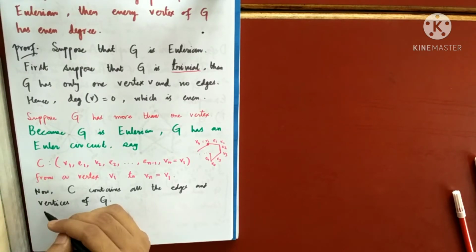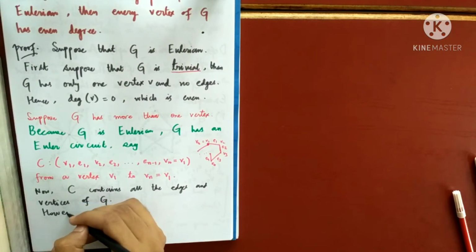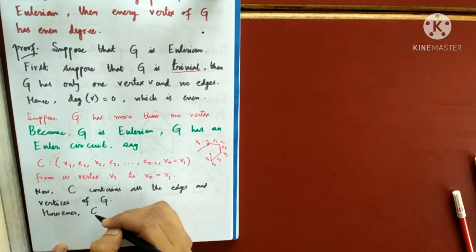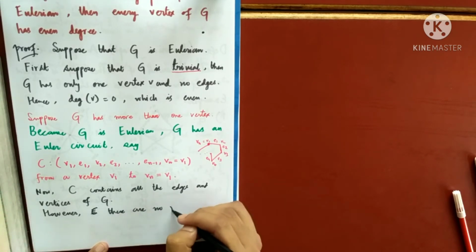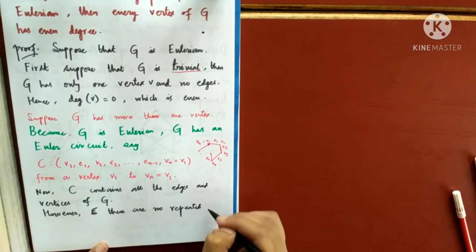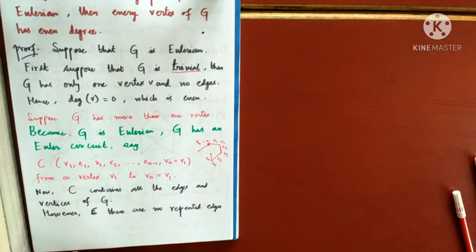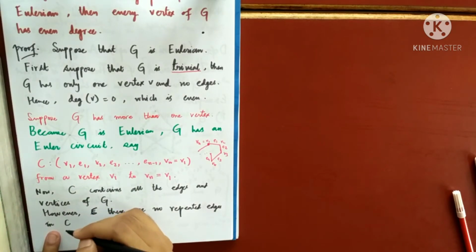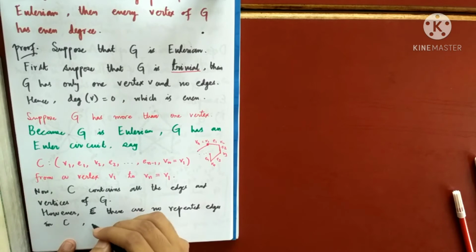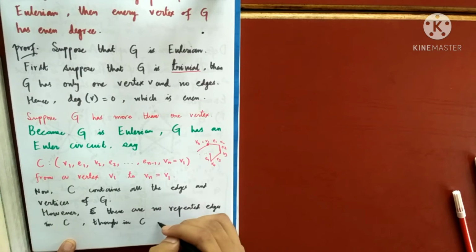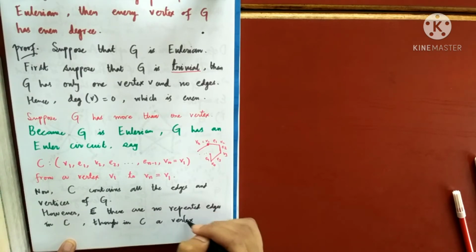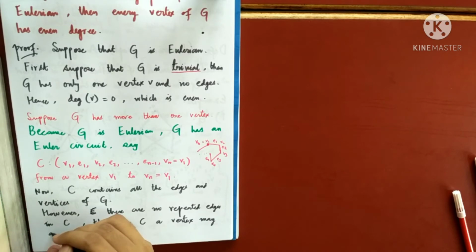So I should also write this. However, there are no repeated edges in C, though in C a vertex may appear more than once.